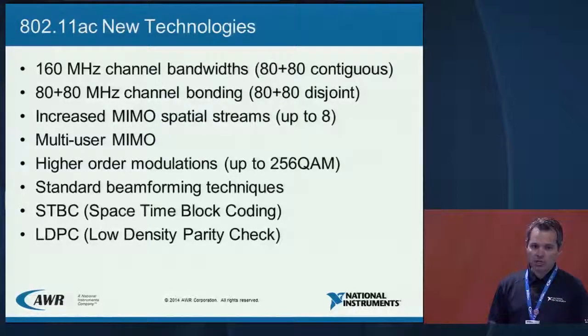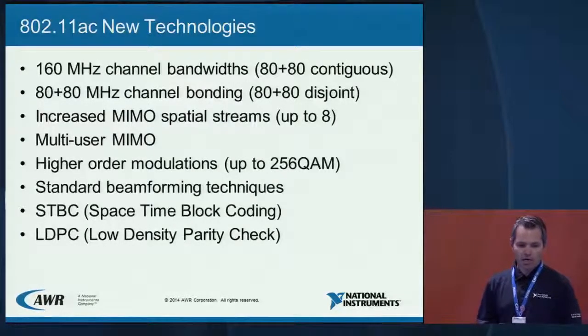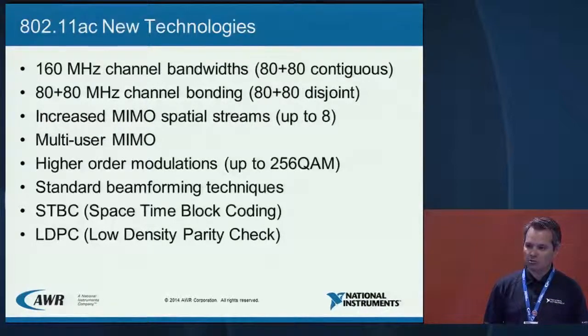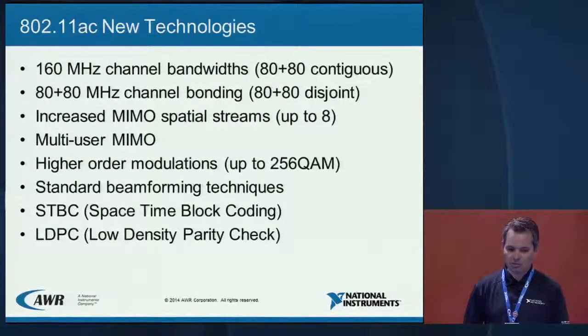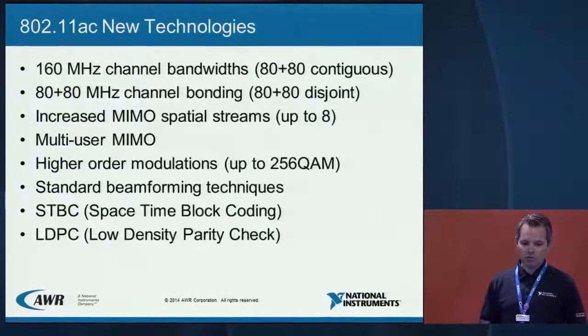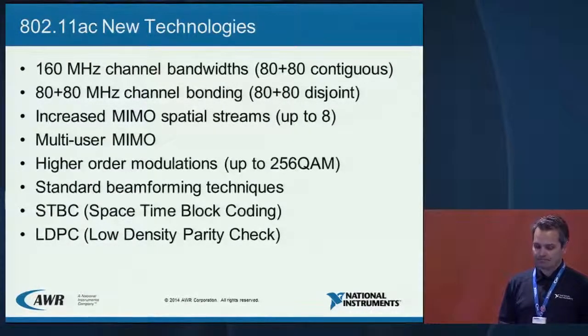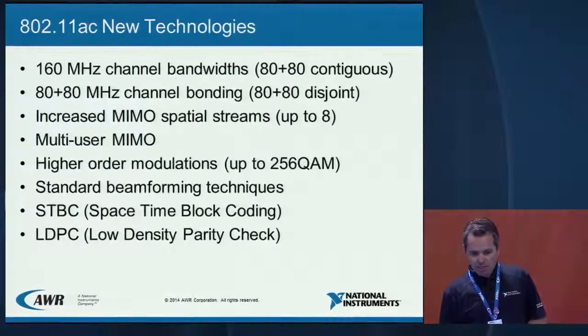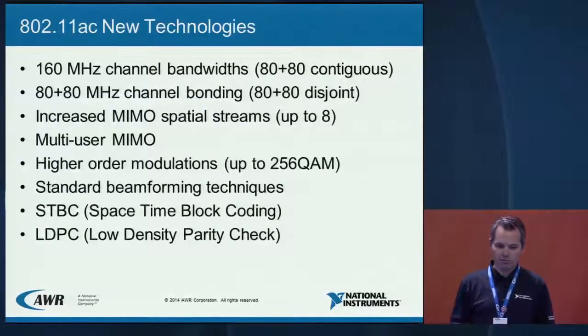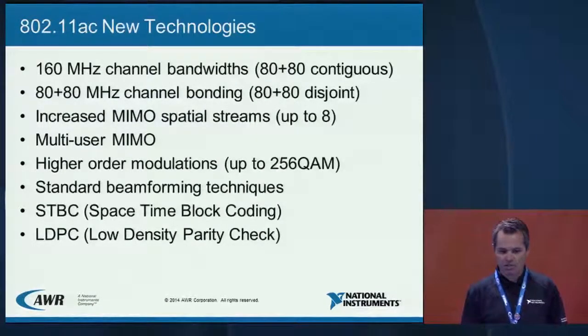Some of the new technologies specific to the 802.11ac are the 160 megahertz channel bandwidths, which is the 80 plus 80 megahertz contiguous setup, and something that's novel is the 80 plus 80 megahertz channel bonding, which includes 2 disjoint 80 megahertz channels.